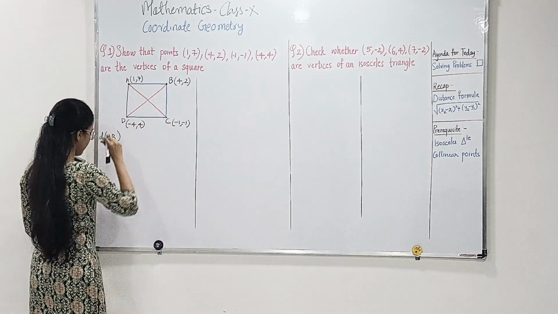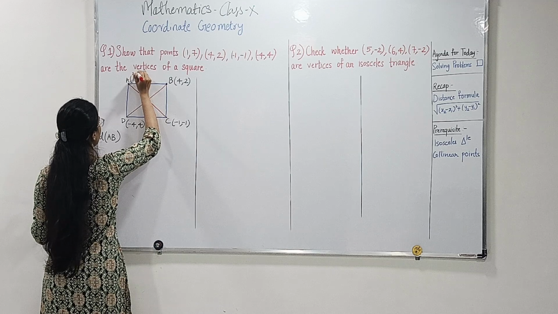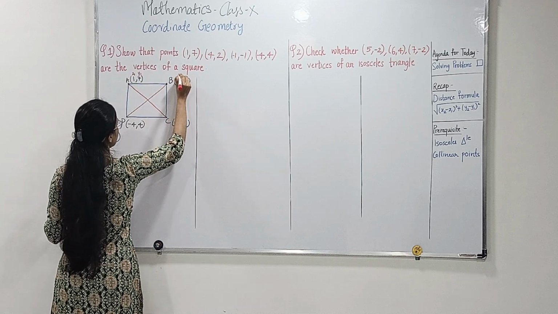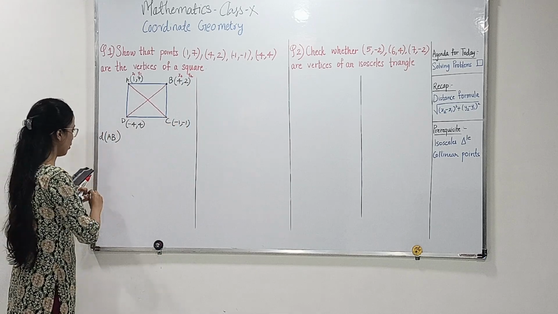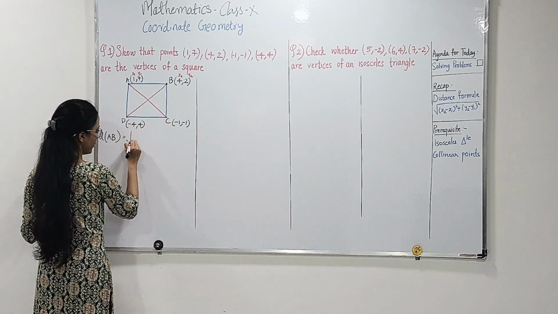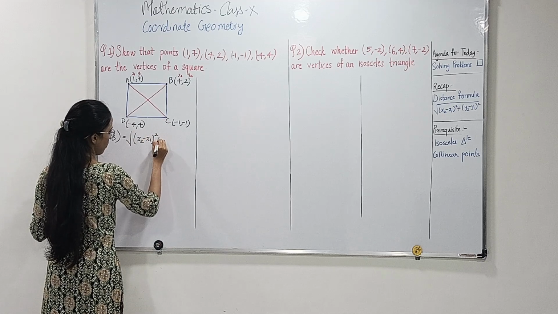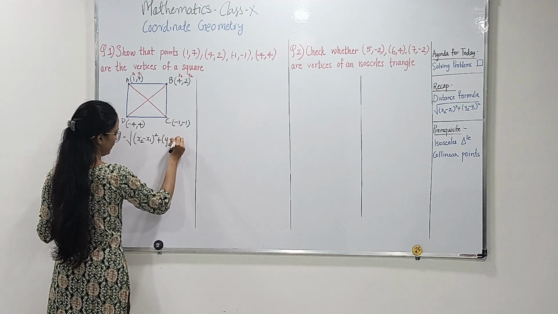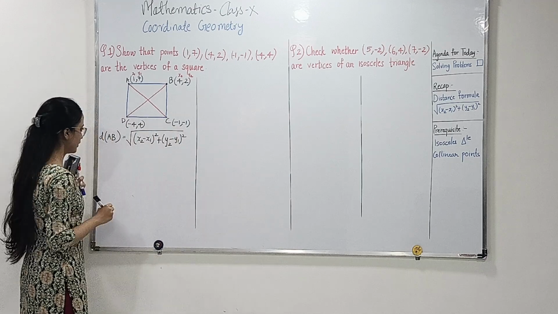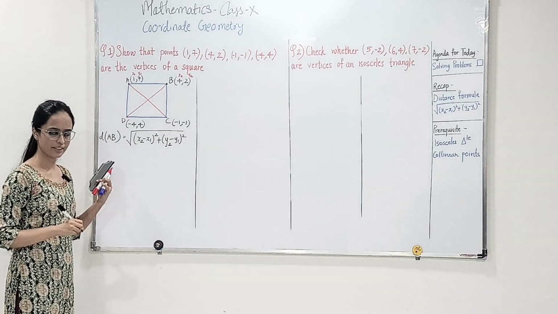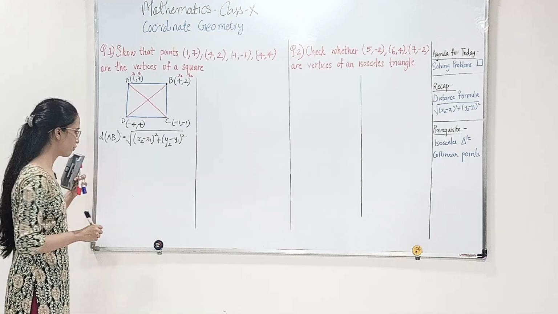So if I take this to be my x1, this to be my y1, this is x2, and this is y2, then as per the formula, I would have under root of (x2 minus x1) square plus (y2 minus y1) square. This is your distance between A and B, and that is nothing but the length of AB.